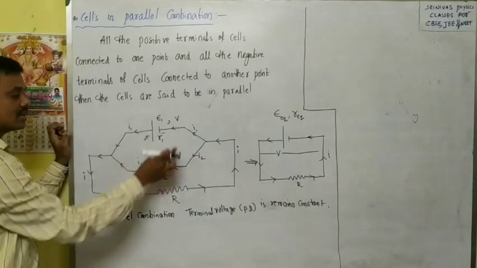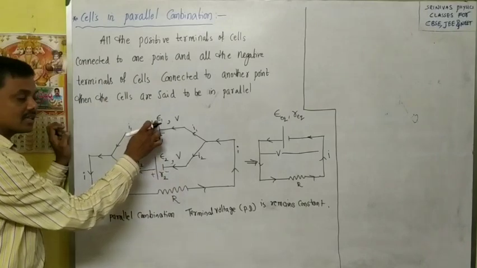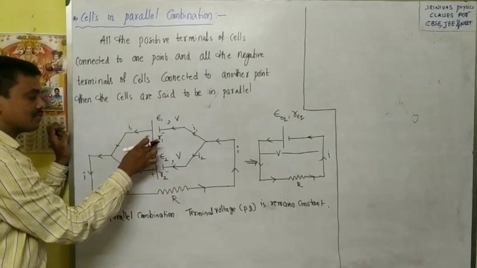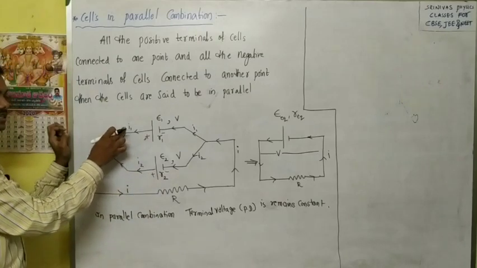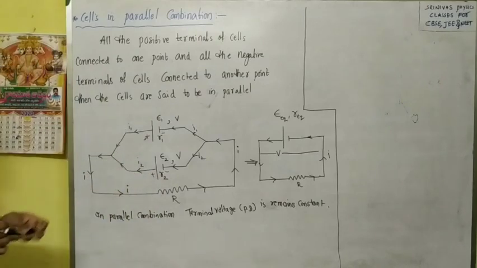Terminal voltage across the first cell is V, second cell also V. EMF of first cell E1, second cell E2. Internal resistance of first cell R1, internal resistance of second cell R2. Current extracted from first cell is I1, current extracted from the second cell is I2.